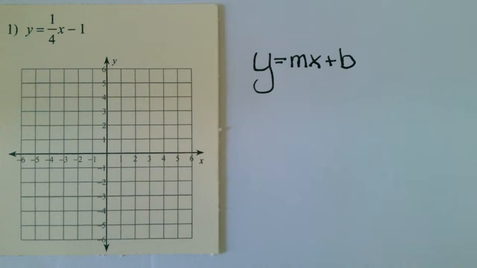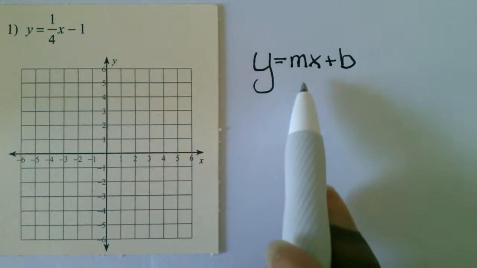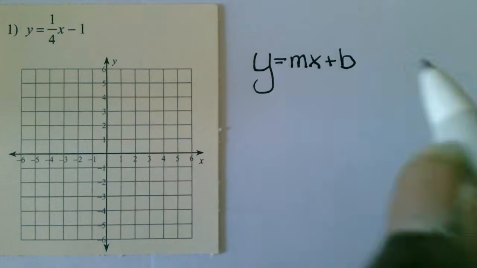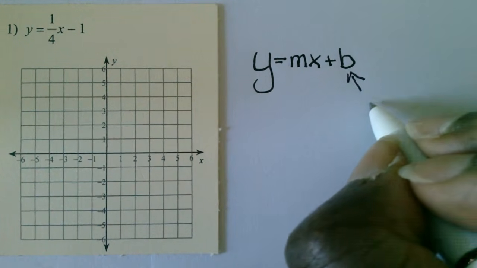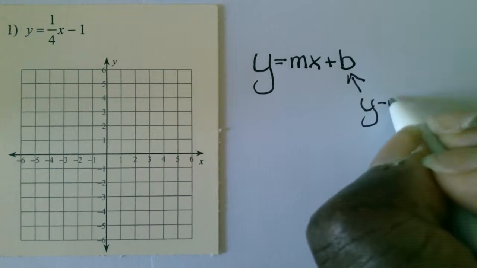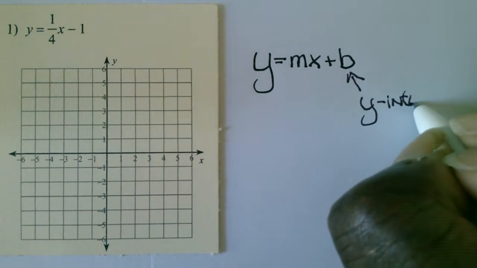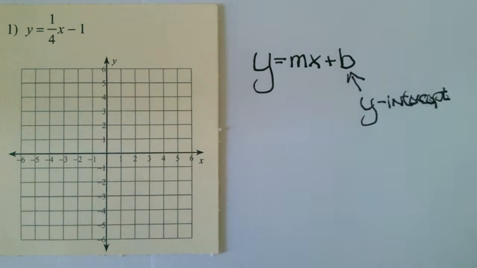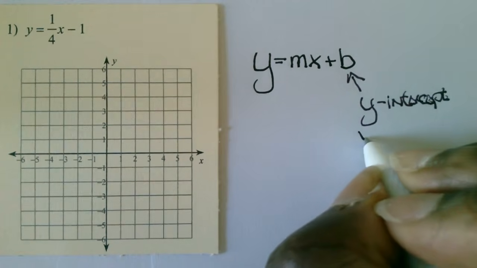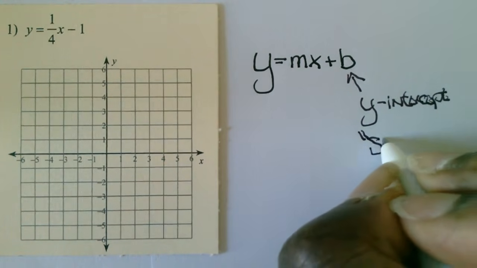You need two things. Anytime they say do the equation of the line, you should be thinking this. The two things it's giving you is your y-intercept, and the other name for y-intercept is your starting point.